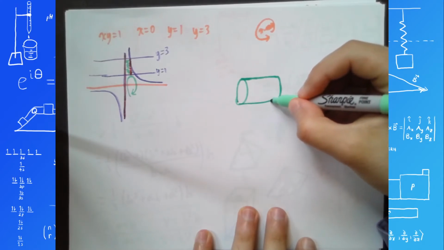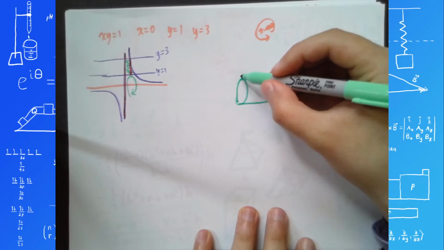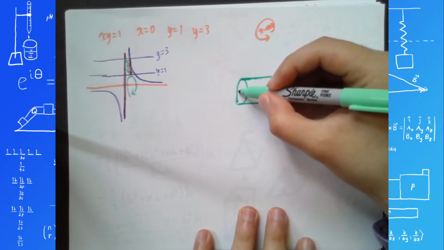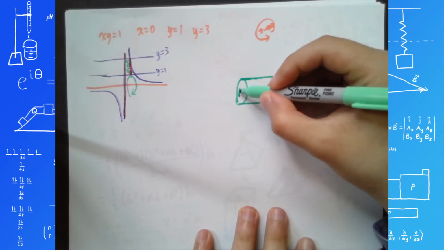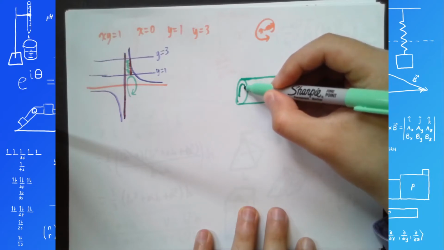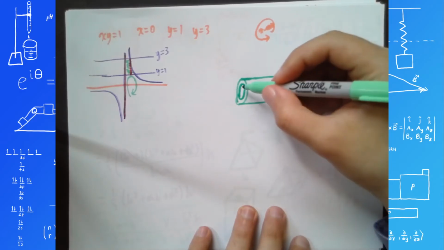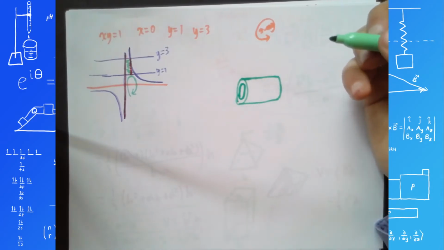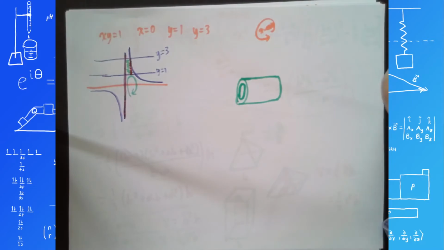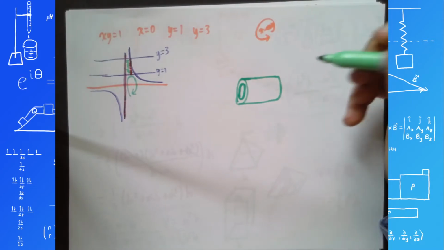So here is one such cylindrical shell. I am kind of starting to regret not drawing this bigger, but yeah, that's effectively what we're looking at.